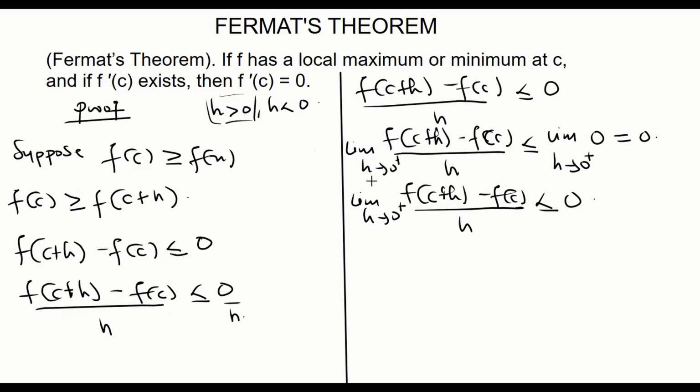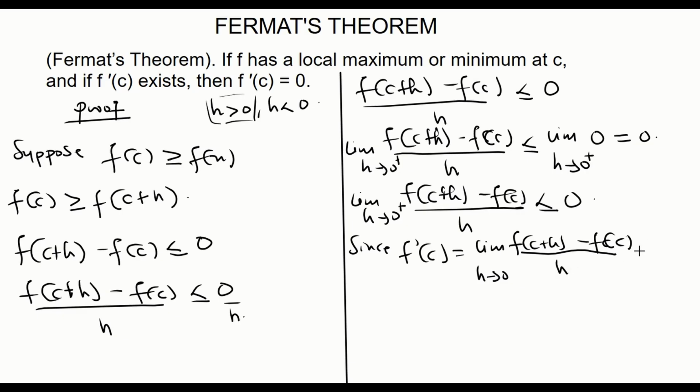But since we know that the derivative of the function at c exists, we can say that f prime at c, which is the same as the limit as h approaches 0 of f of c plus h minus f of c all over h, is going to be equal to the limit as h approaches 0 from the right hand side of f at c plus h minus f at c all over h, which is definitely less than or equal to 0.